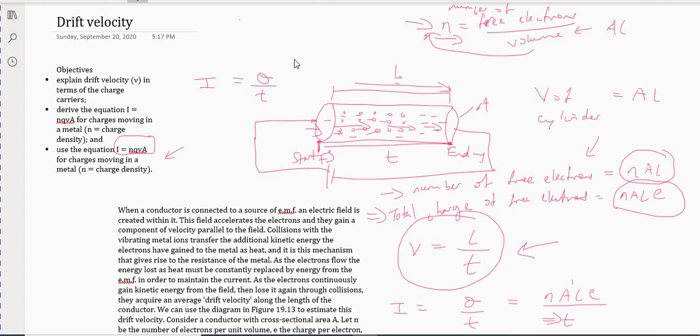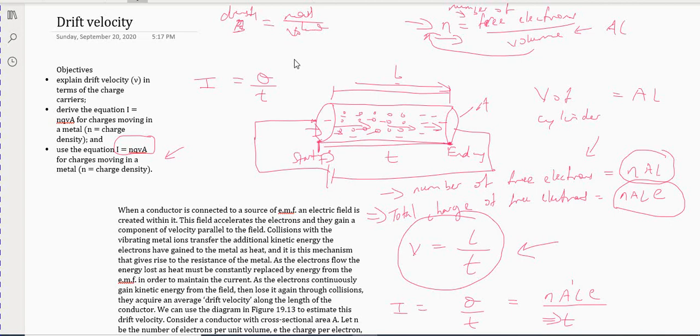Just like how when you have density in real life, right? Density is mass upon volume. Whenever we're dealing with electronics or electricity, so to speak, and we're talking about charge density, it's the number of free electrons divided by the volume.